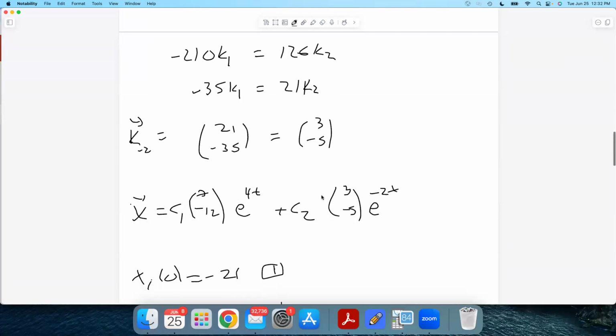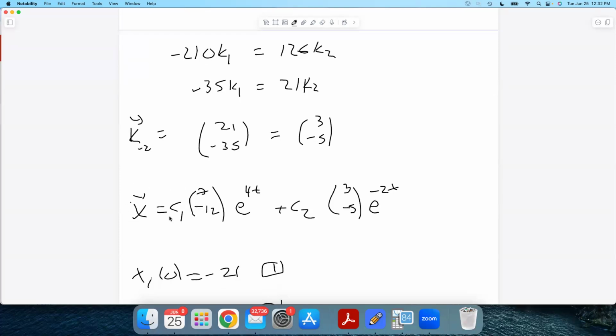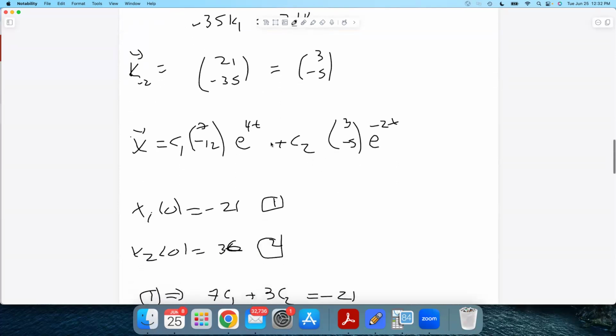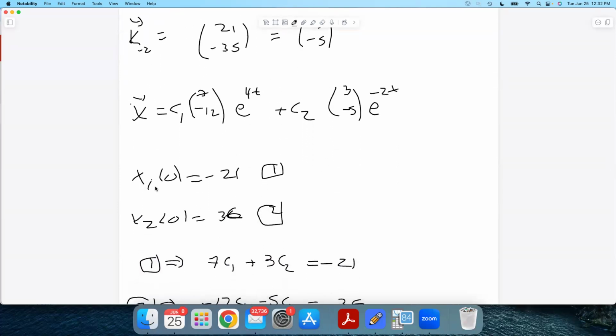It's still an eigenvector. So then our general solution is always going to be the x vector equals C1 times the first eigenvector e to the first eigenvalue t, plus C2 times the second eigenvector e to the second eigenvalue t. Now we do our initial conditions. X1 is just everything on top.